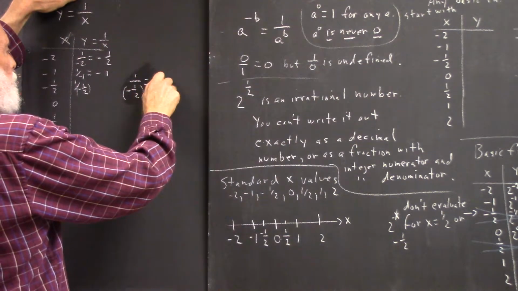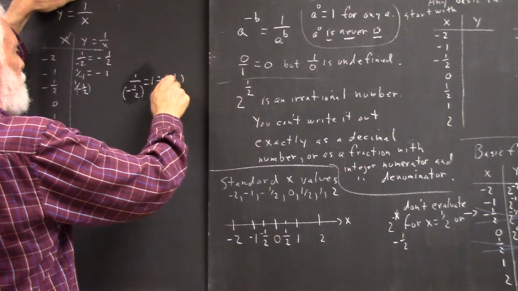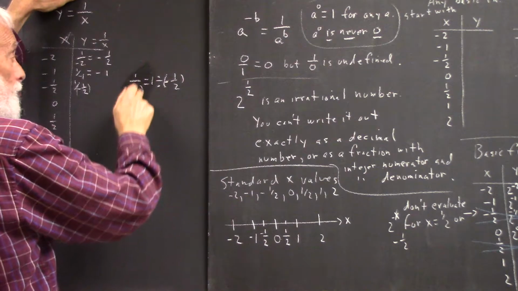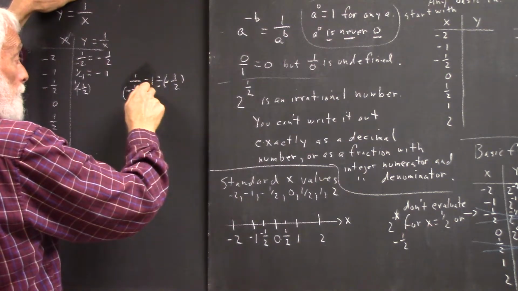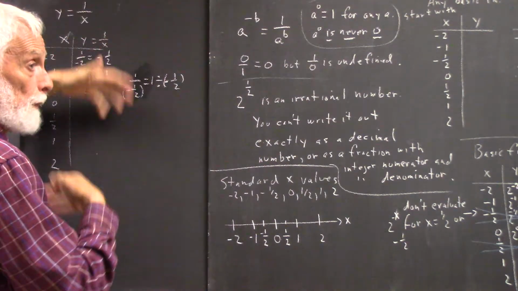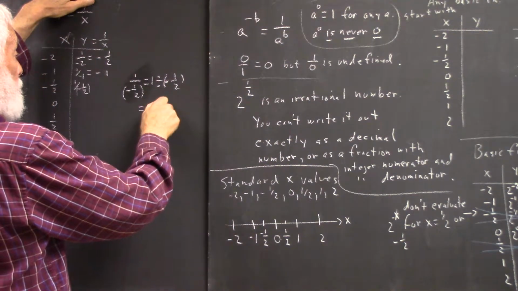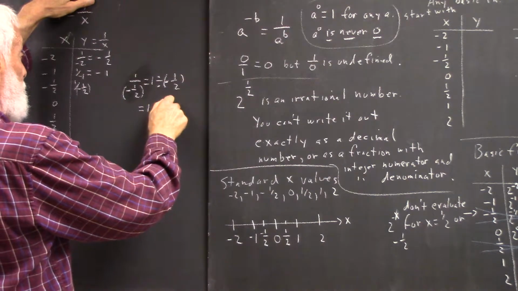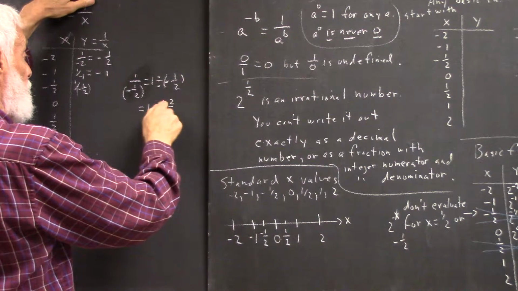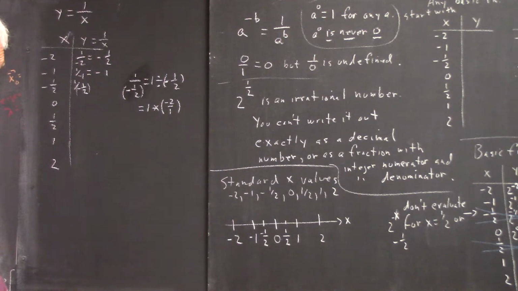This means 1 divided by -1/2, because that's what it means. 1 over -1/2 means 1 divided by -1/2. And when you divide by a fraction, you multiply by its reciprocal. And you certainly have seen that, whether you remember it right off the top of your head or not.